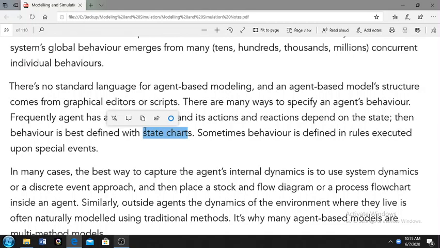The state chart diagram depicts the behavior of an object, and it helps give additional information about the behavior of the object and helps identify the methods of an object.